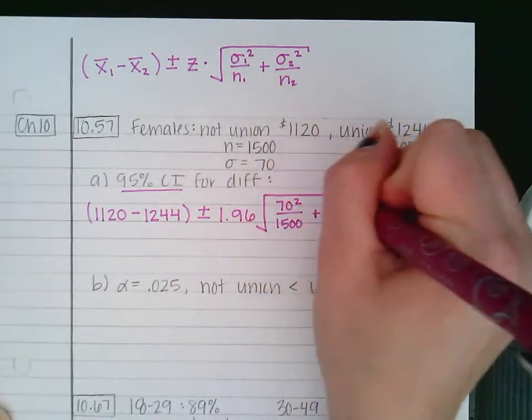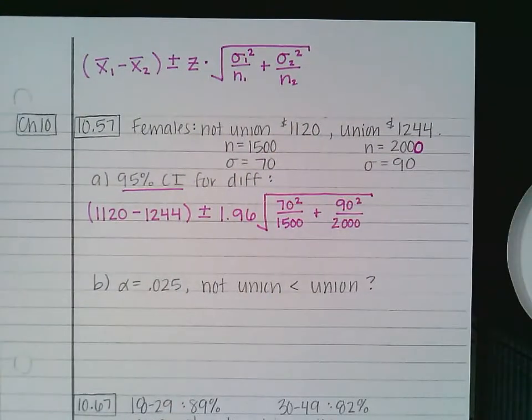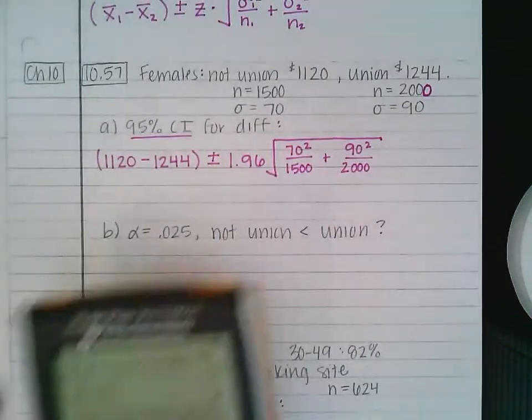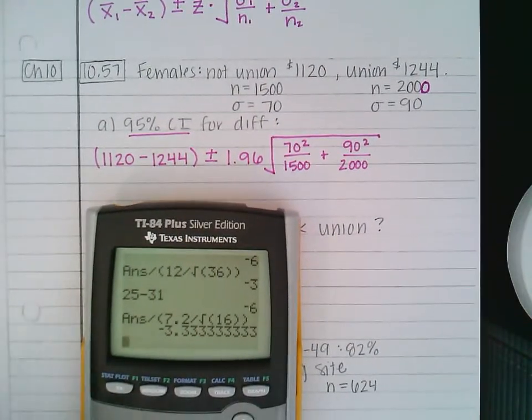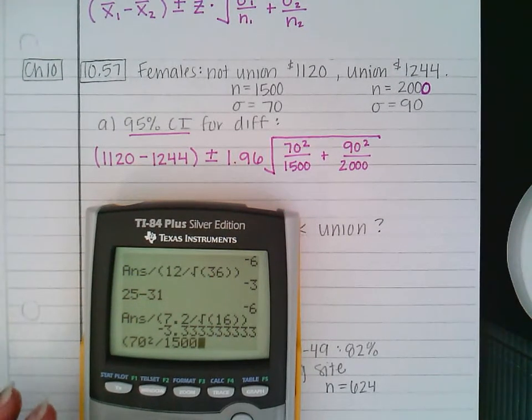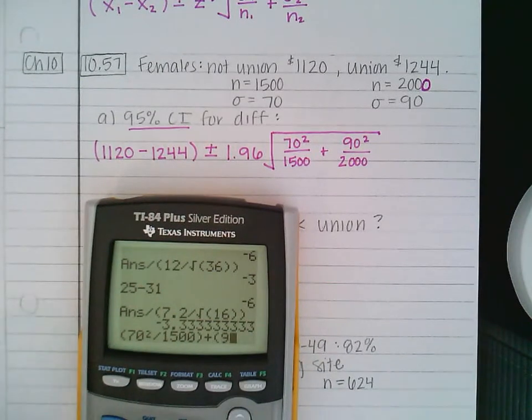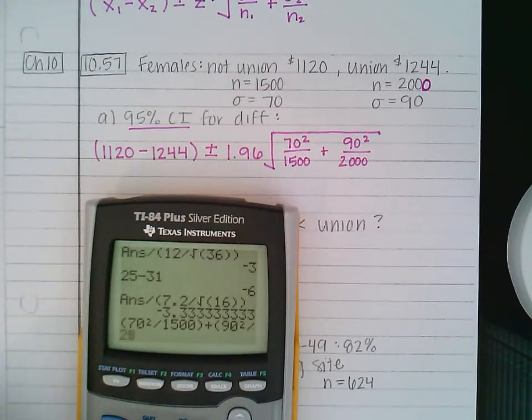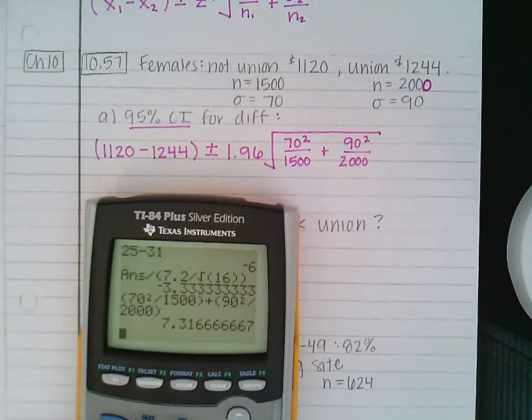Let's find our standard error first, because that's kind of a bugger. 70 squared divided by 1,500 plus 90 squared divided by 2,000 gives me the inside piece.